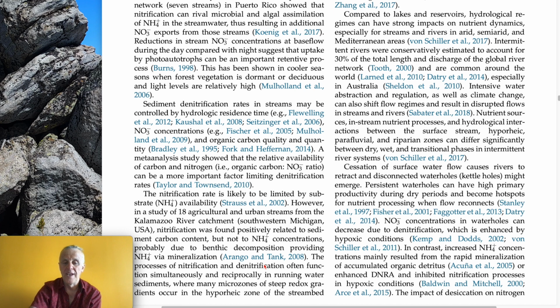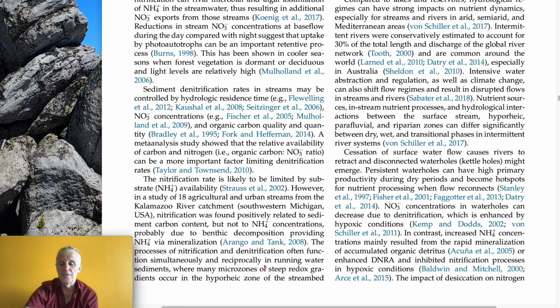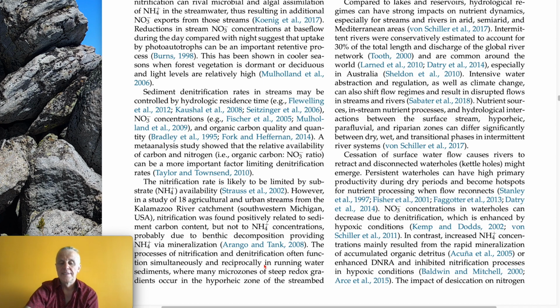However, in a study of 18 agricultural and urban streams from the Kalamazoo River catchments, nitrification was found to be positively related to sediment carbon content, but not to ammonium concentration, probably due to benthic decomposition providing ammonium via mineralization.